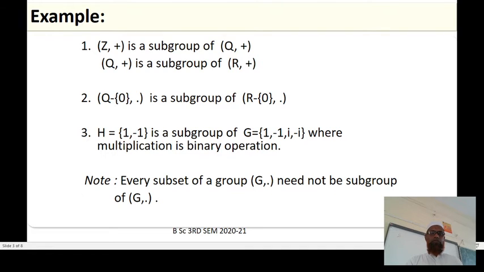In the rational numbers, if you remove 0, it is a subgroup of R minus {0} under the binary operation multiplication. Third, H = {1, -1} is a subgroup of G = {1, -1, i, -i}, where multiplication is the binary operation. Note, we know that every subset of a group (G, ·) need not be a subgroup of (G, ·), that is, under the binary operation.